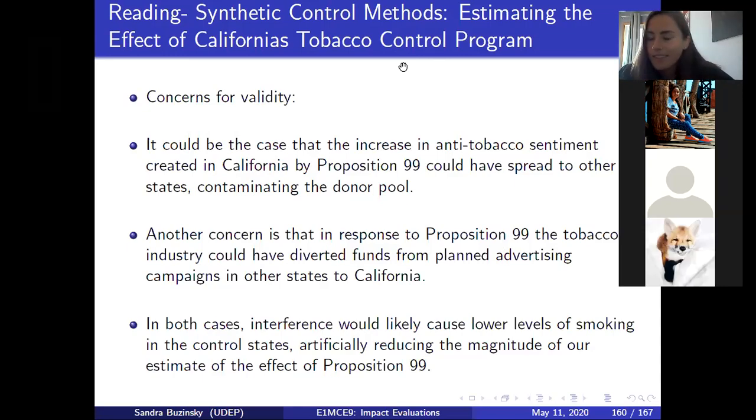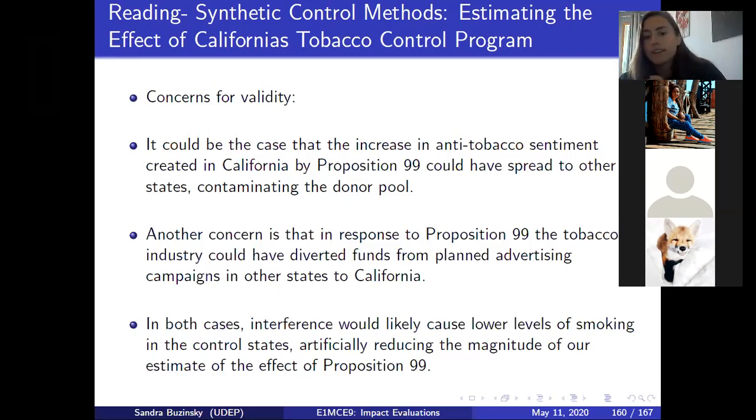When a program, for example, affects not just the treatment group, but also the control group. Yeah, exactly, Helen. So a spillover effect means that our treatment effect is spilling over onto our control group. Same thing, Susanna.